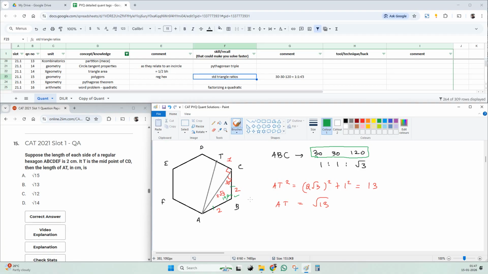Because of the isosceles nature of this triangle, you will have to split it evenly as 30, 30. That's how we get the initial 30, 30, 120 angles, which gives us the 1 is to 1 is to root 3 ratio. And afterwards, the rest of it is whatever I've just mentioned. Knowing this is the most impactful in terms of reducing your time consumption.